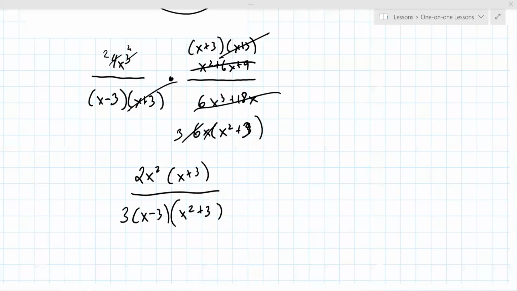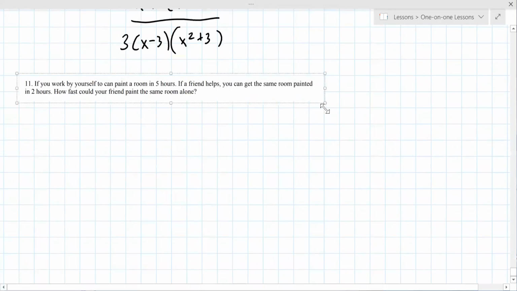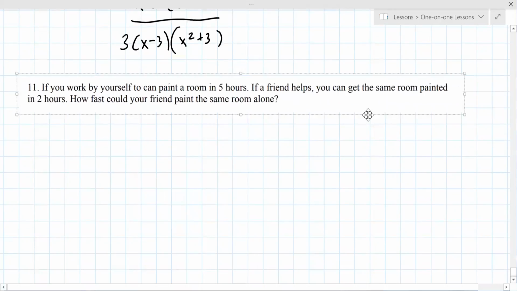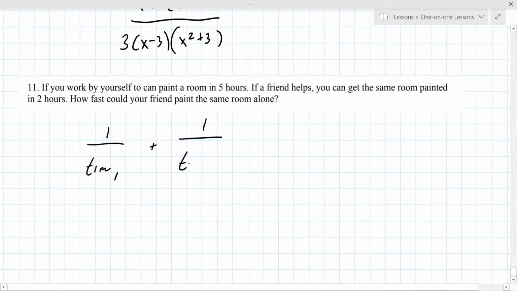Great. All right, so 11 is this question. There's a bit of a shortcut, but it always works in these time problems or work problems, where you're doing something, they're doing something, and then there's the together. So there's 1 over time 1 plus 1 over time 2 equals 1 over together.